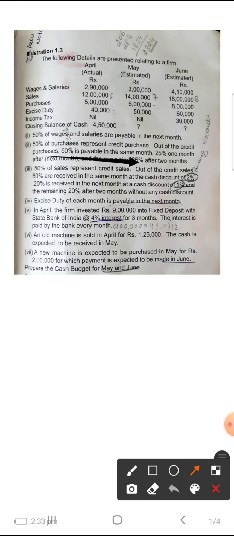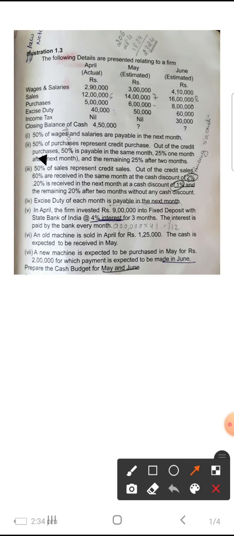So when you make the payment, 50% is paid in the same month, that is April they have purchased, means April only they have made the payment. 25% in the next month, it means April's payment is made in May. Remaining 25% after 2 months, it means April's is paid in the month of June.